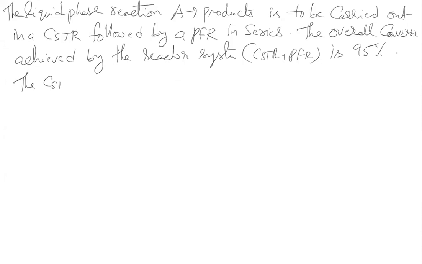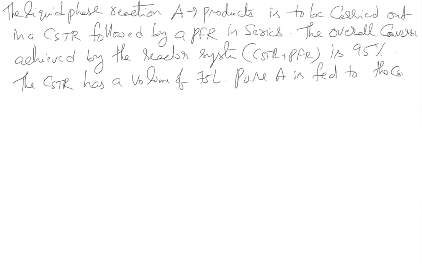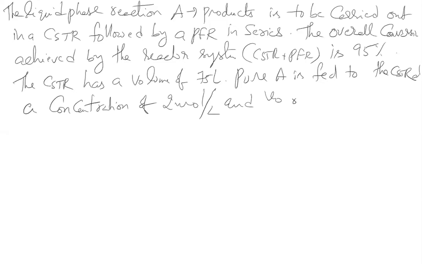The CSTR has a volume of 75 liters. Pure A is fed to the CSTR at a concentration of 2 mole per liter and V naught of 4 liters per minute.